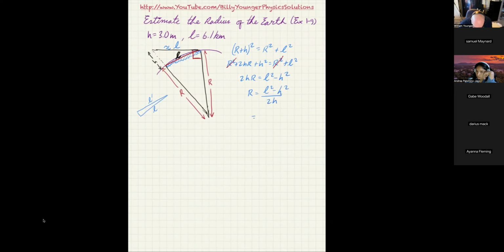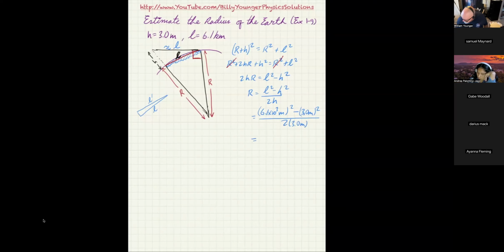I'm going to keep them all in meters, so that 6.1 is going to become 6.1 times 10 to the third meters. Then I've got to square that, minus 3.0 meters squared. All that divided by 2 times 3.0 meters, like this.